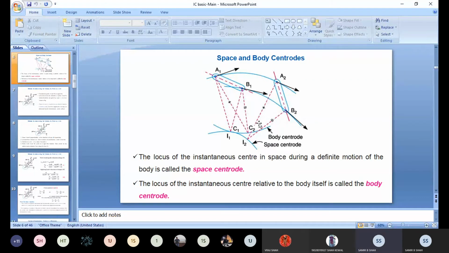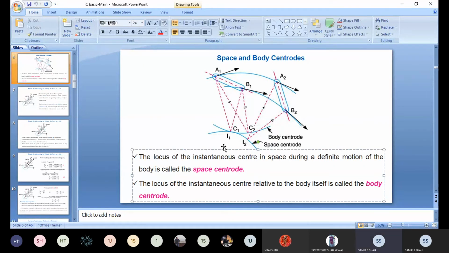If that happens, then we consider that A1 C2 is equal to A2 I2.